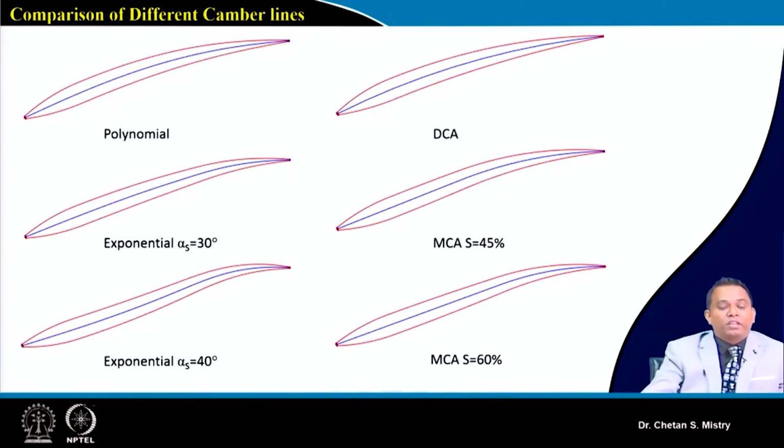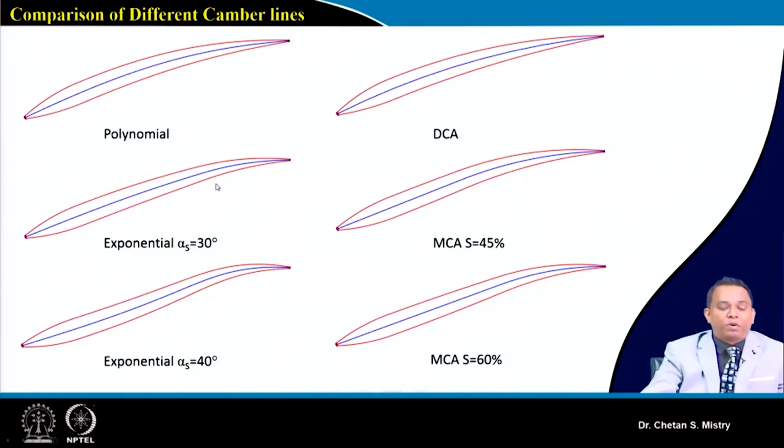So in this case, if we put all those input parameters, this is what is representing different kinds of camber lines with thickness distribution. Here this is representing my polynomial camber line. This is representing the exponential camber line.